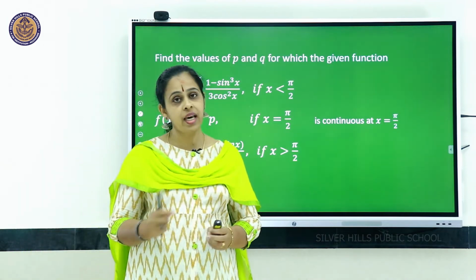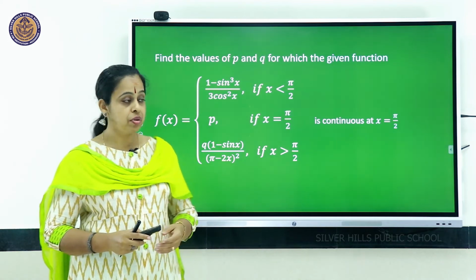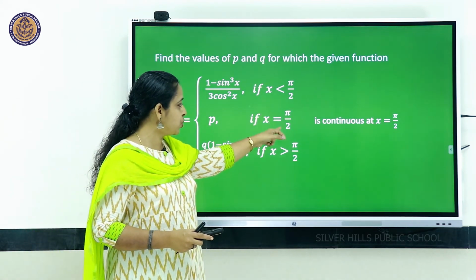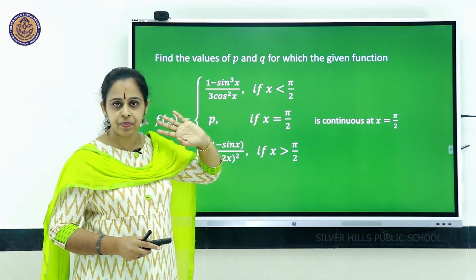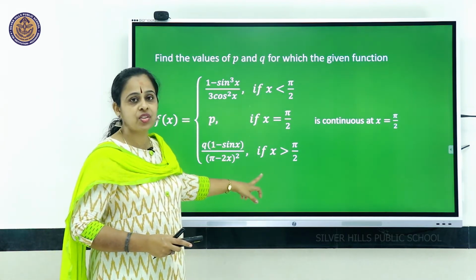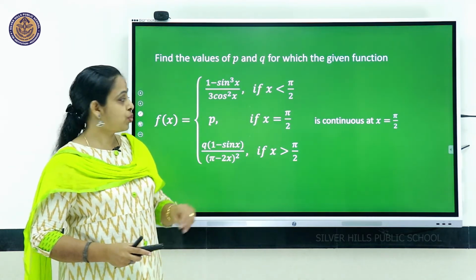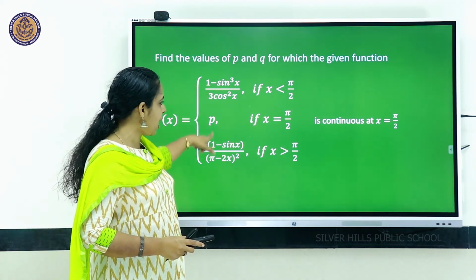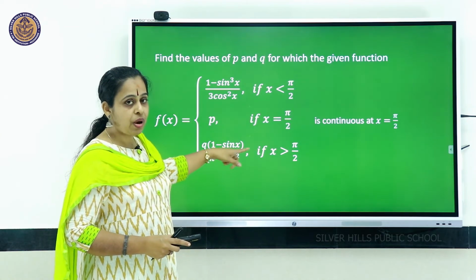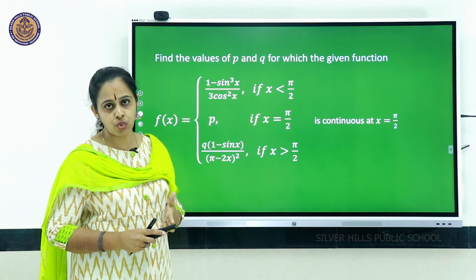Coming to again a different question. This question is a little bit long. Here at pi by 2 it has the same nature, P. But the LHL and RHL at pi by 2 are different. So to find the constants P and Q here, you have to take both conditions, different from the previous two questions.